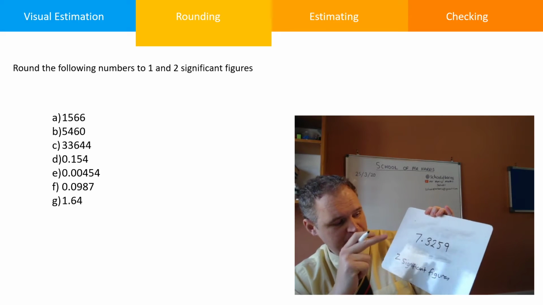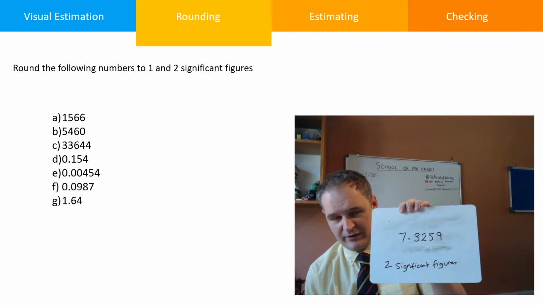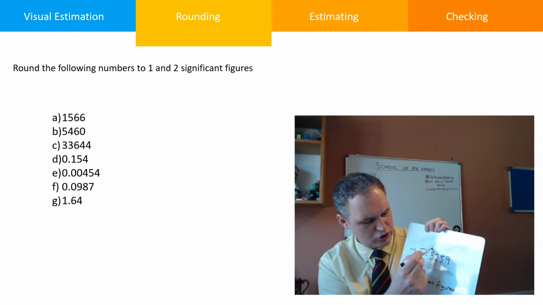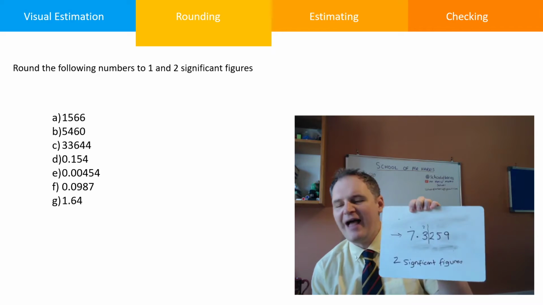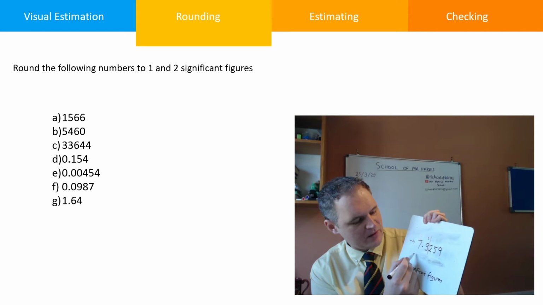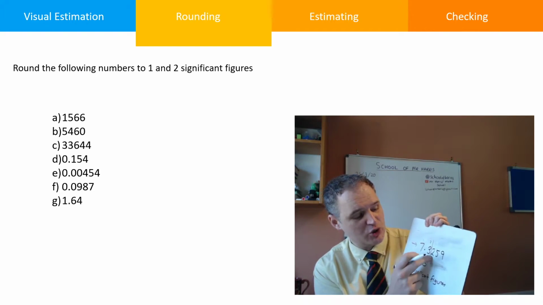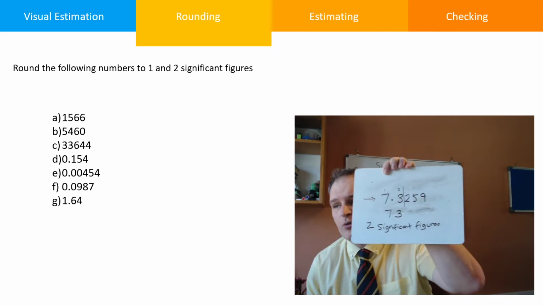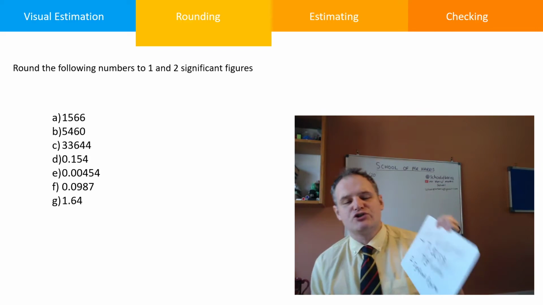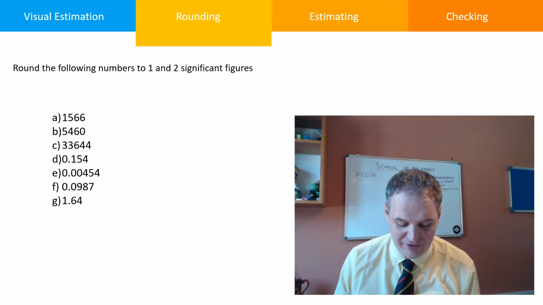There aren't any in this one, but I'll show you one afterwards if there are zeros. Starting at the front of the number, we've got 1, 2, so we'll put a line there, and that will give us 7.3, because 2 is a rounding down number. So that would be 7.3 rounded to 2 significant figures.